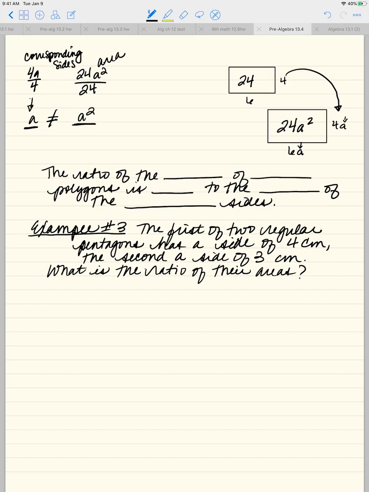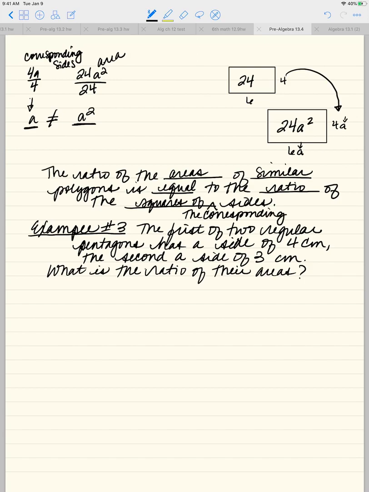So the ratio of the areas of similar polygons is equal to the ratio of the squares of the corresponding sides. And I should have put another blank in there. There we go. Of the corresponding sides.